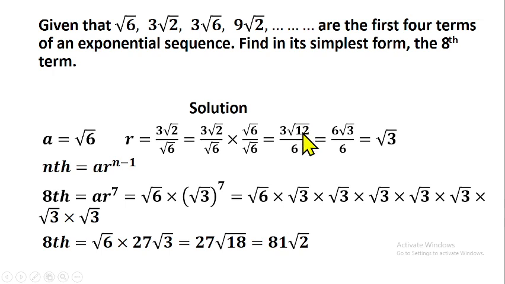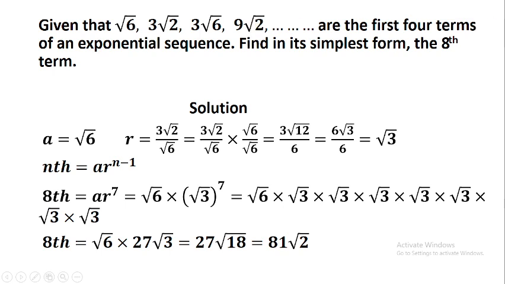That gives us 2 root 3, because root 12 is root 4 times 3, and root 4 is 2. 3 times 2 here will give us 6. Then you are left with root 3. So then we have 6 root 3 over 6. Then 6 can take care of 6. Then we are left with root 3. So the constant ratio is root 3.